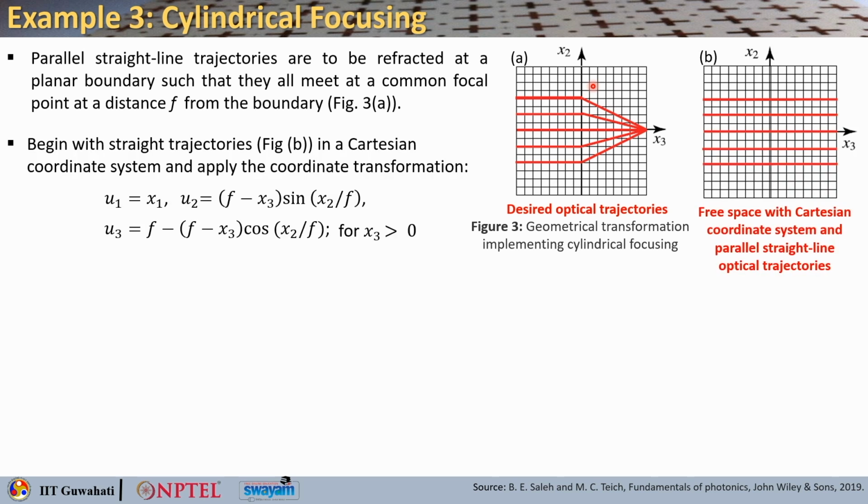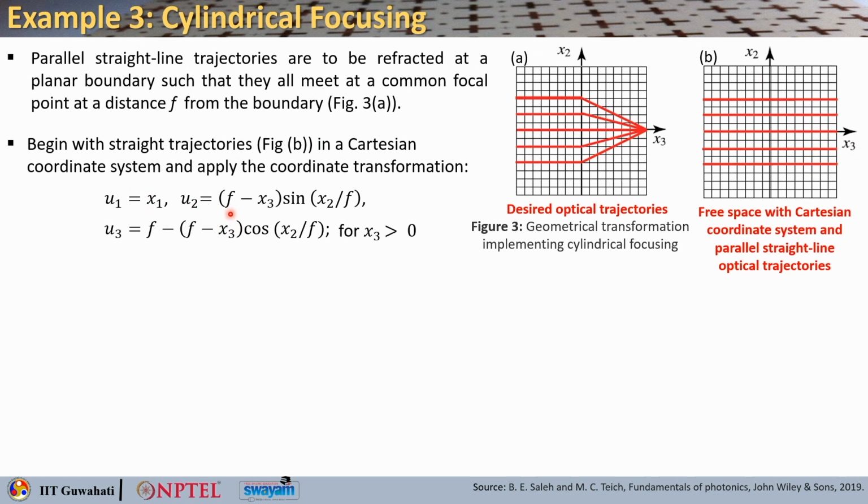So, you can again think that you start with rays with straight trajectory, and then you have to introduce some Cartesian coordinate system and then some coordinate transformation where your u1, which is x1, the direction in and out of this screen, remains unchanged, but in the x2 x3 plane you have this coordinate transformation happening.